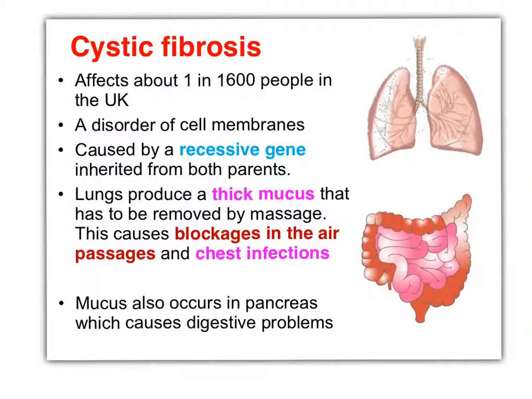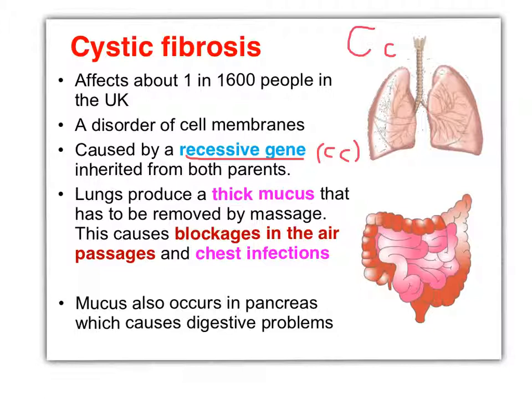So you're expected to know about two genetic diseases. One of them is cystic fibrosis, and this is caused by a recessive allele. So remember that means that you need two copies of the affected gene. So if the normal allele is big C, then the recessive allele is little c. So you basically need to be that.